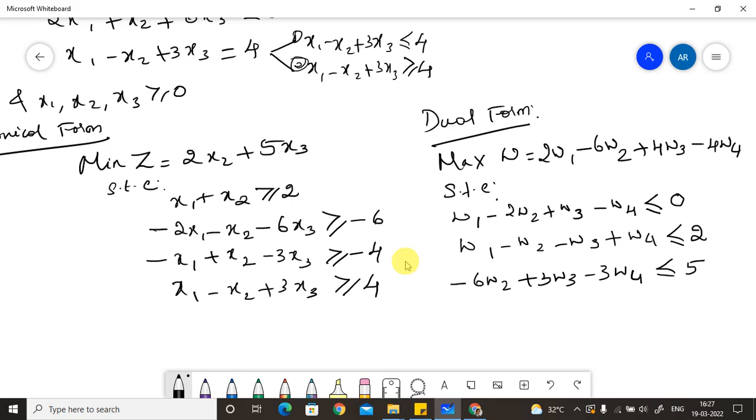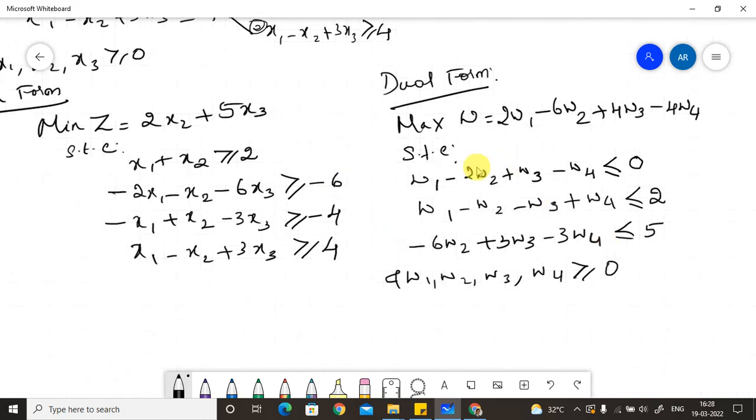This is the way we need to write, and w1, w2, w3, w4 are all greater than or equal to 0. This is how we can write. Now we can see that there are some common terms here, w3, w4, and here also w3, w4, and here 3w3 minus 3w4.